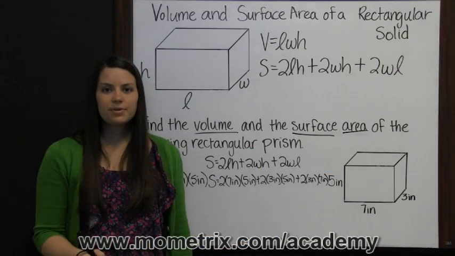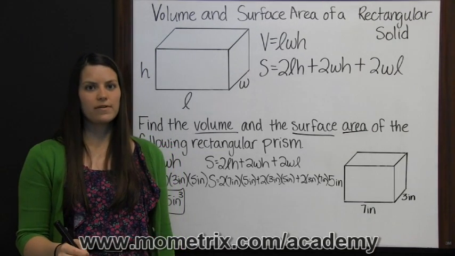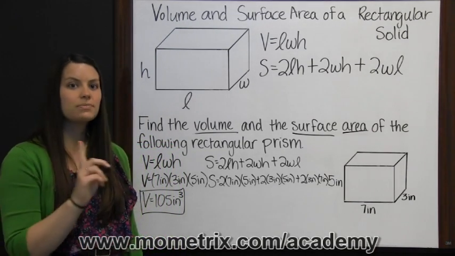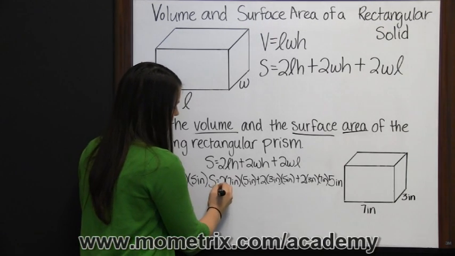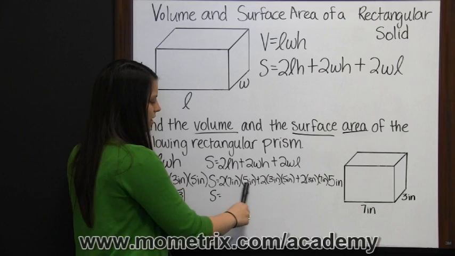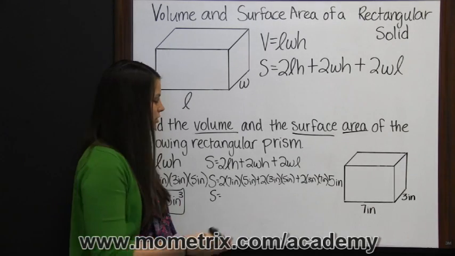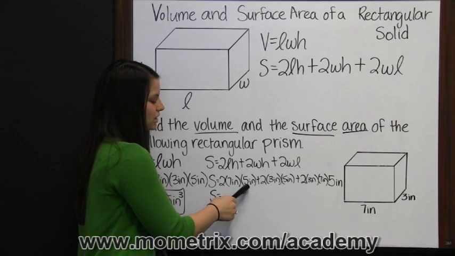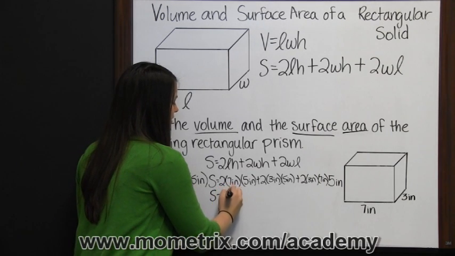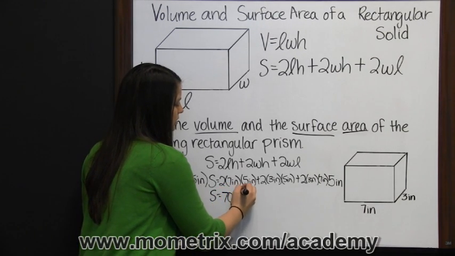Then we need to simplify according to our order of operations, which means we need to multiply first before we add. So the surface area is, and these 3 numbers can be multiplied in any order, so you could do 2 times 5 inches, 10 inches, then times 7 inches, 70 inches squared.